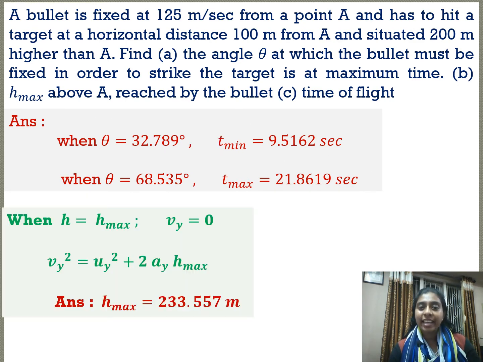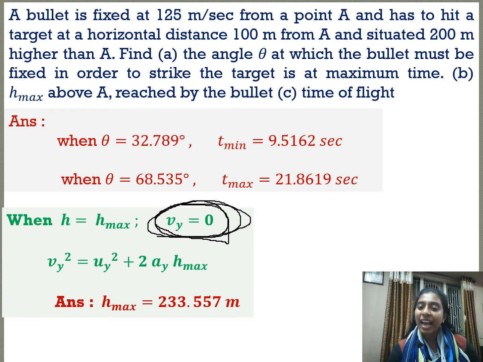Now second part, that is find h max above A reached by the bullet. What will be the maximum height reached by the bullet? So we know at maximum height the velocity will be equal to 0. So substitute at h is equal to h max, Vy is equal to 0.